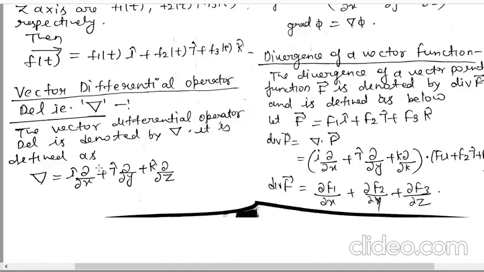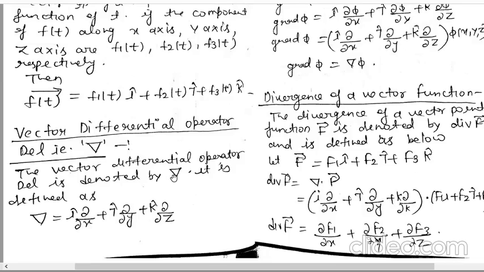It is defined as del is equal to i del upon del x plus j del upon del y plus k del upon del z, right? This operator is called del operator, and the value of this operator is i del upon del x, j del upon del y, k del upon del z, right?